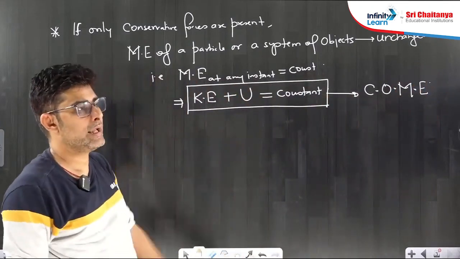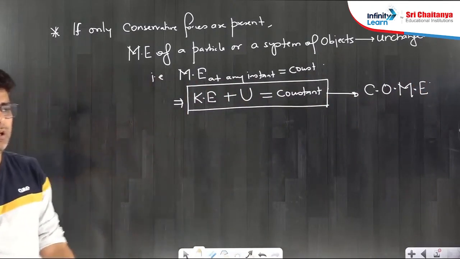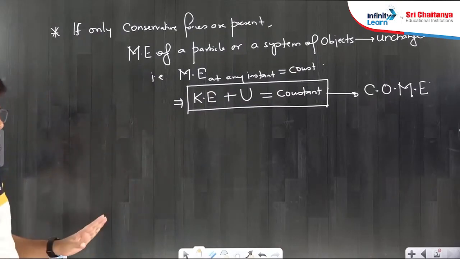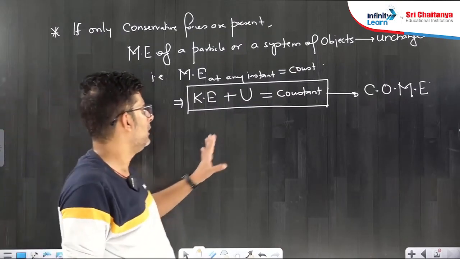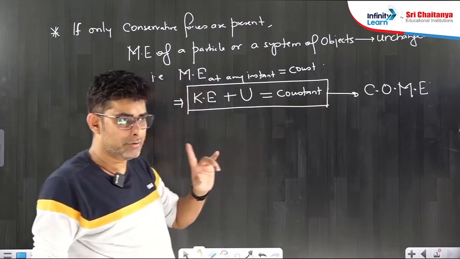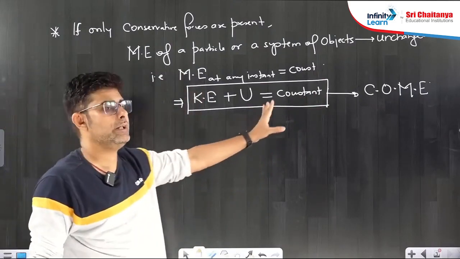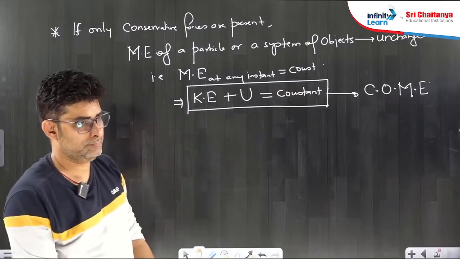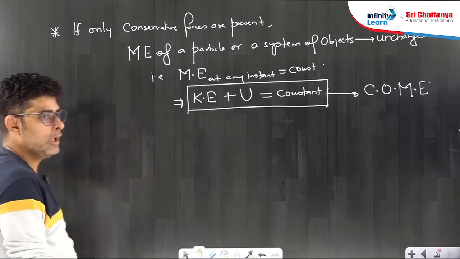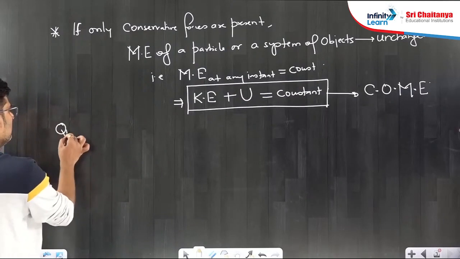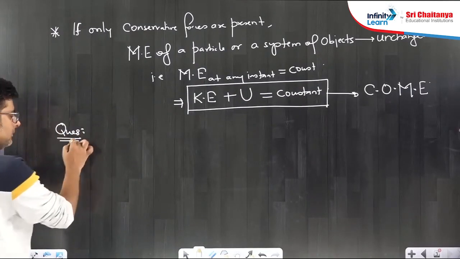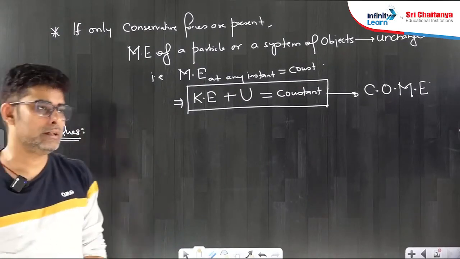Is it clear? So you have to see which forces are there. If the forces you see are conservative, you will say KE plus potential energy remains constant. Clear? So let's see questions on this so that you get an idea of it.